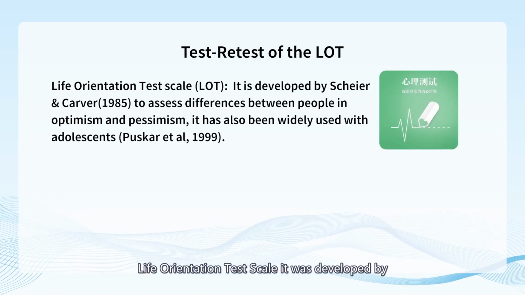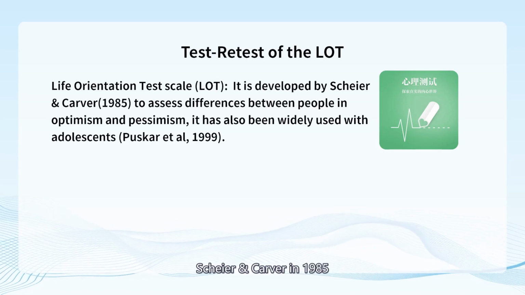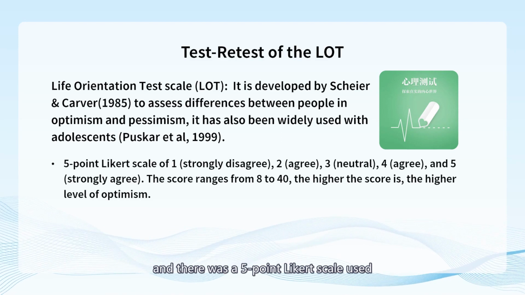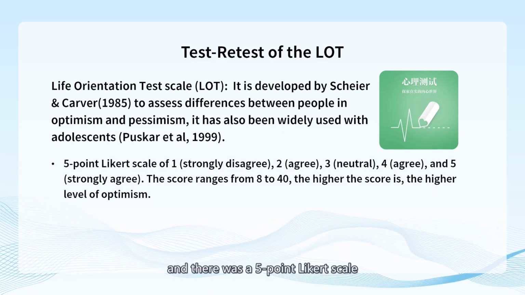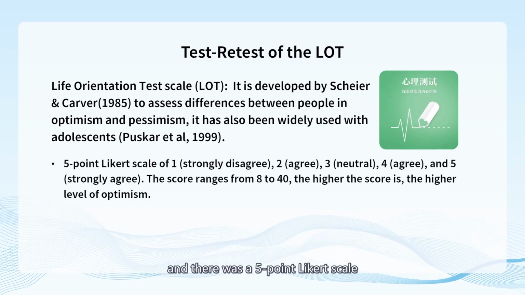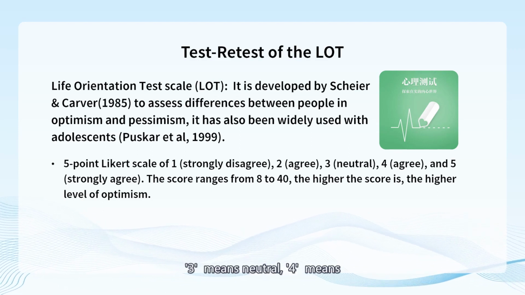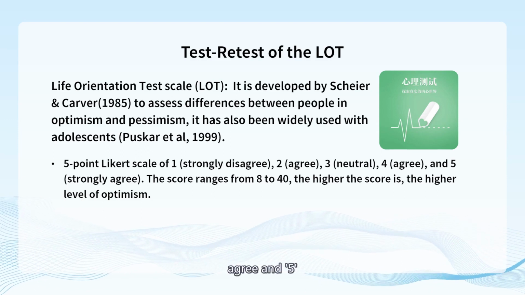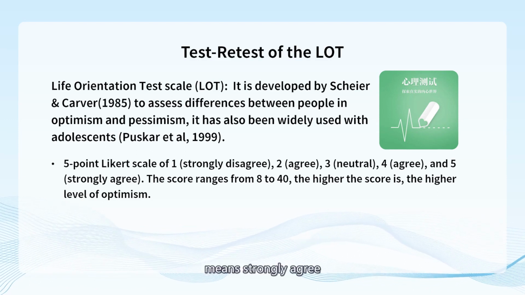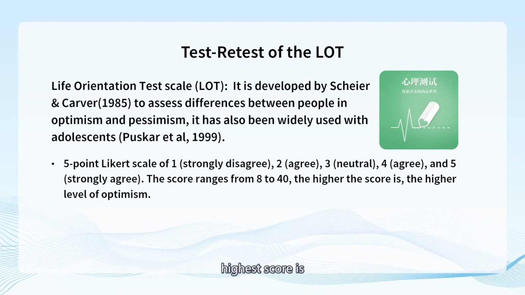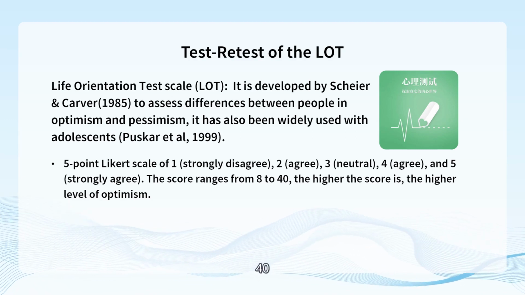It was developed by Scheier and Carver in 1985. And there was a 5-point Likert scale used. 1 means strongly disagree, 2 means disagree, 3 means neutral, 4 means agree, and 5 means strongly agree. So the lowest score is 8, and the highest score is 40.